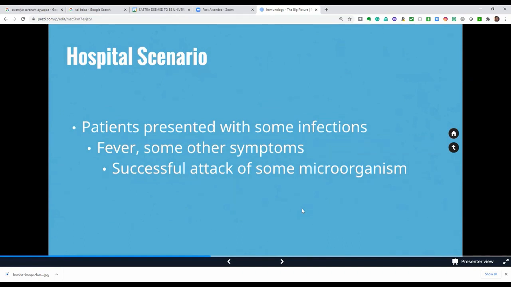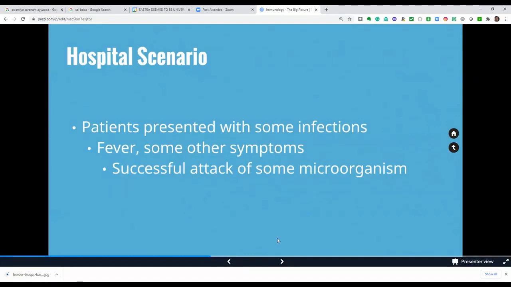So we can say there is some problem with your immune system. We cannot say that your immune system is not functioning or not working. It missed something. Maybe the bacteria or the virus which entered is much stronger than you. That is why your system is not able to handle it. That is the first scenario.